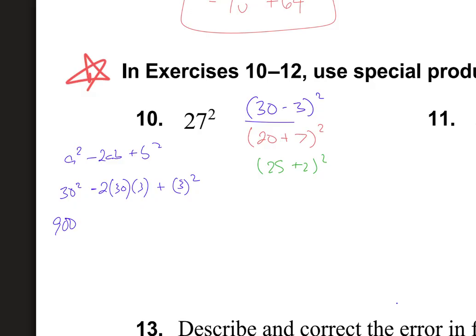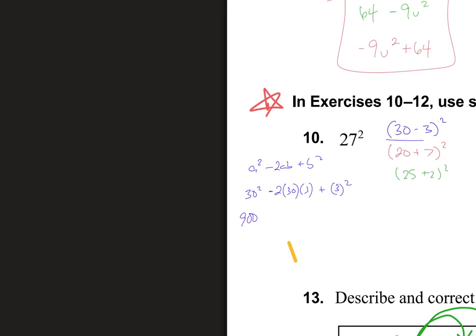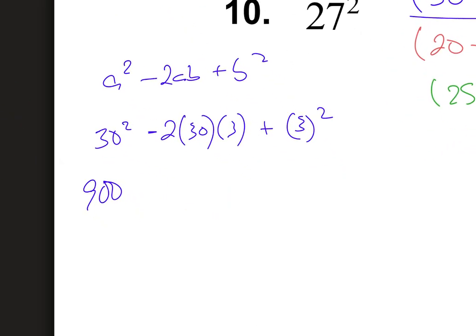And this right here is the point of doing it this way, because we can much more quickly get some of these numerical facts as opposed to just going, okay, let's do 27 times 27. And I even said in class, if you forget how to do this, and you can always do this, then you will be fine. But they really are trying to challenge your thinking to do this.